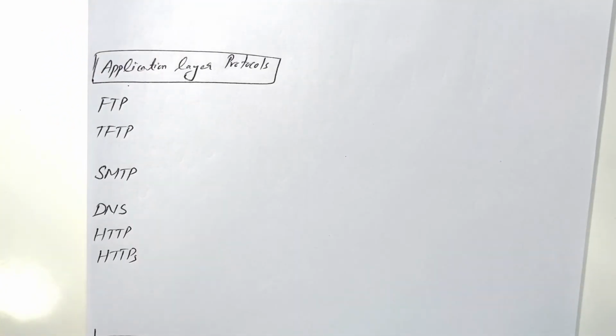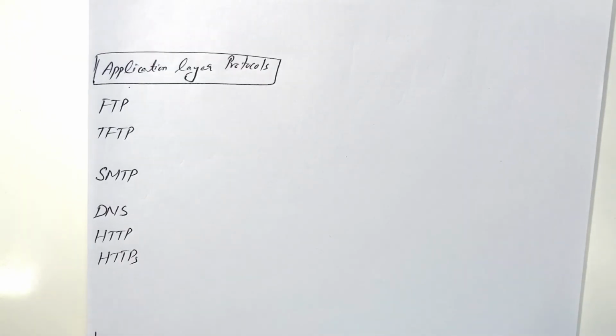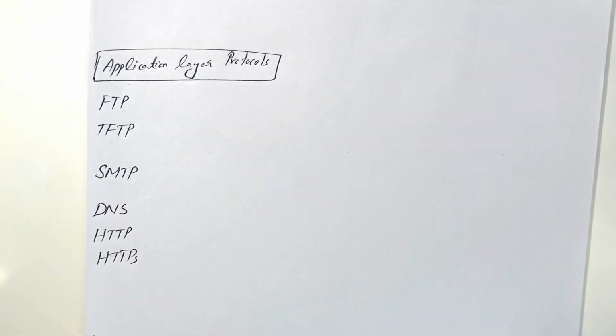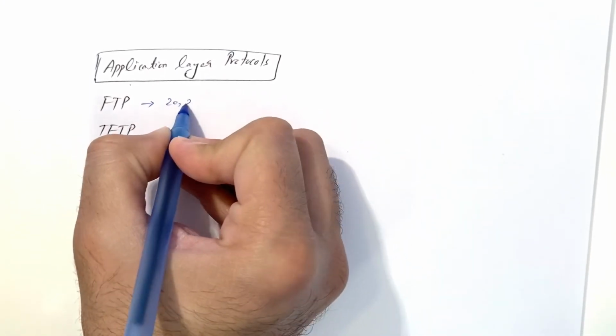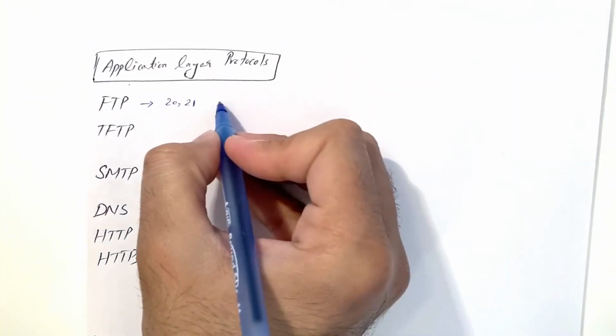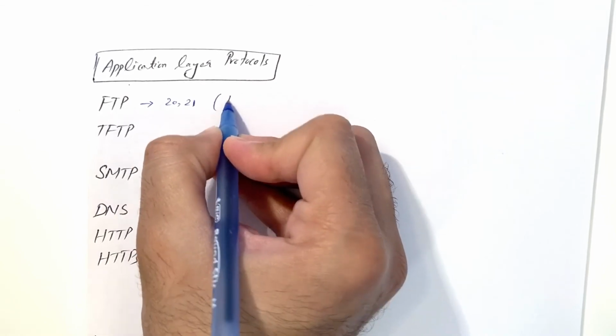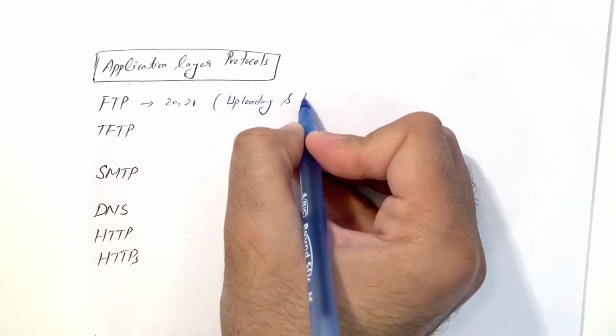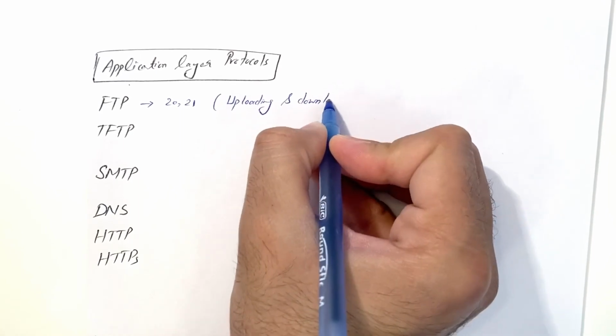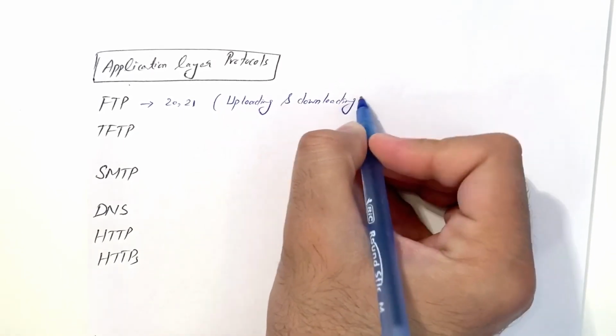These are some application layer protocols. I hope you are already familiar with them. FTP, File Transfer Protocol, port number 20 and 21. FTP is basically used for uploading and downloading, secure uploading and downloading, and you need a login.